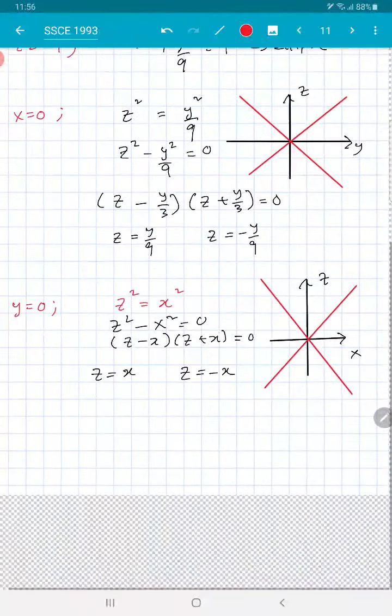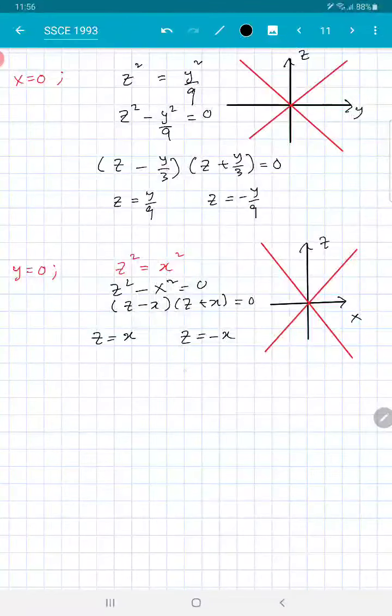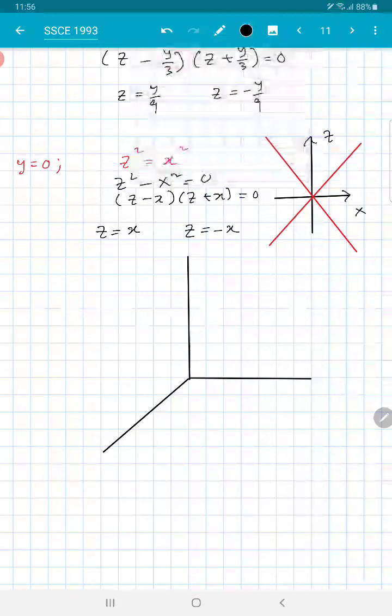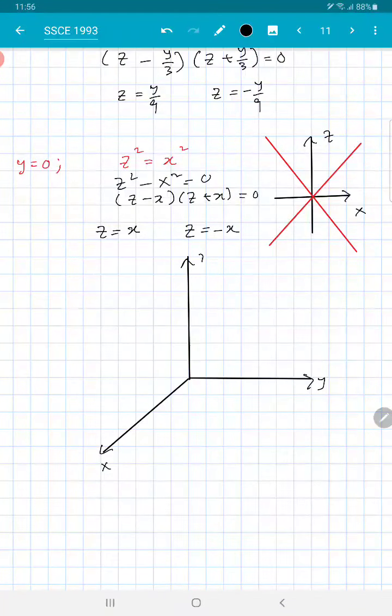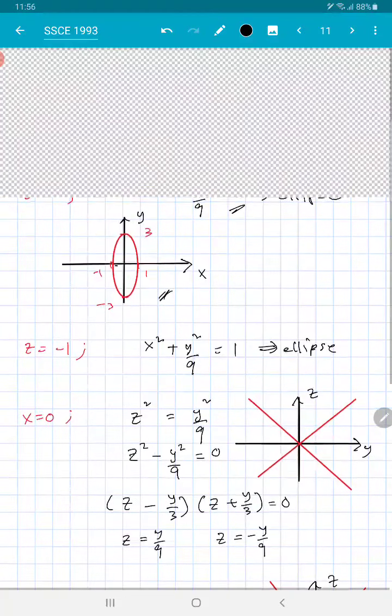All right, so now we're going to put everything together in X, Y, Z space. So here we have the Z-axis, X-axis, and Y-axis. This is Y, X, Z, and here we have the -Y, -X, and -Z. Okay, remember we plotted 3 level curves.